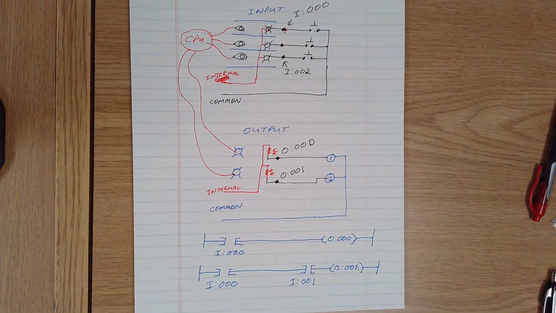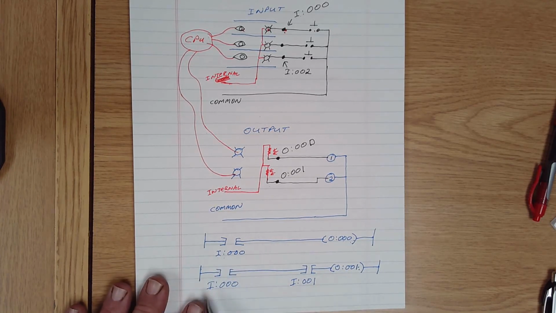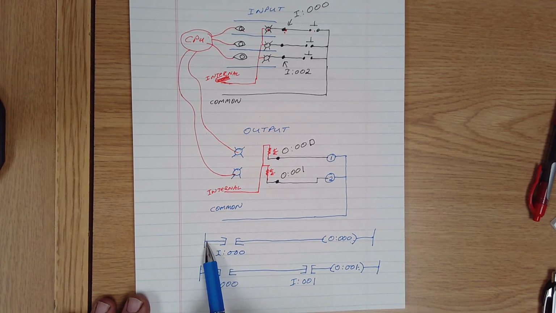But that continually happens on an ongoing basis. Start at the top, top to bottom, left to right. First rung, go until you find an instruction that's false, or you complete the rung, then jump down to the next rung. Okay?